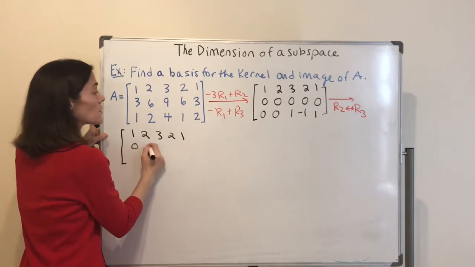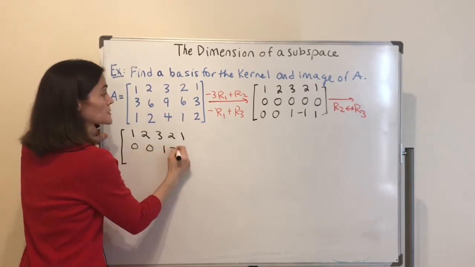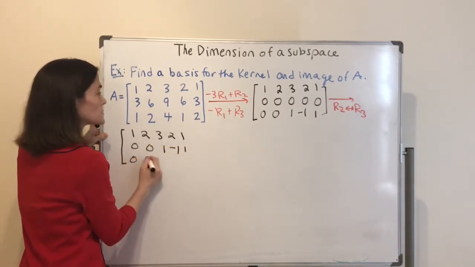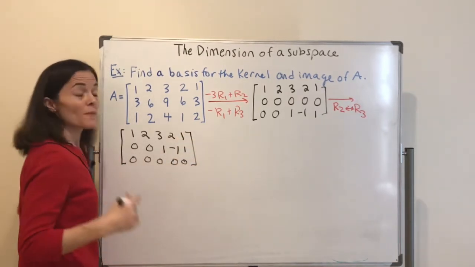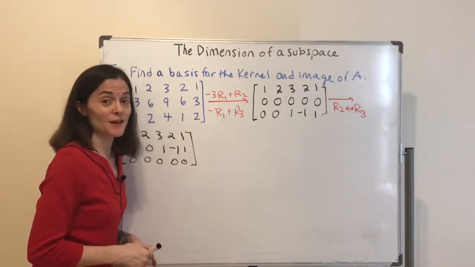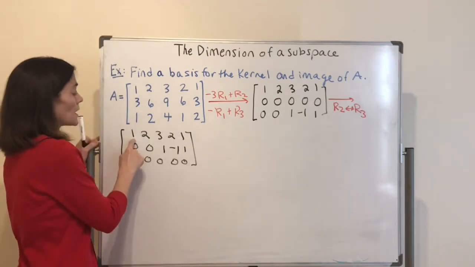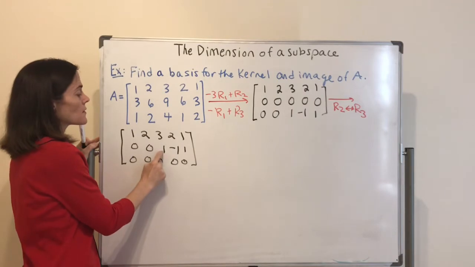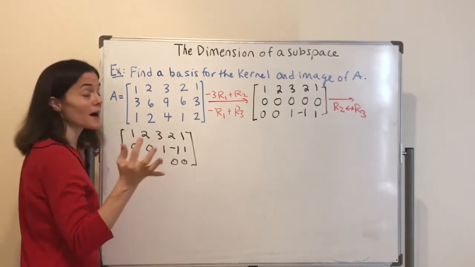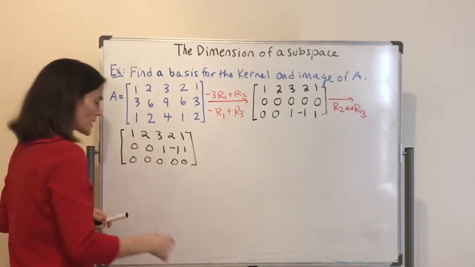We get 0, 0, 1, minus 1, 1, 0, 0, 0, 0, 0. Now we almost have reduced row echelon form. Leading 1, there's zeros below here, though we need to have a 0 above. And then we will be in reduced row echelon form.